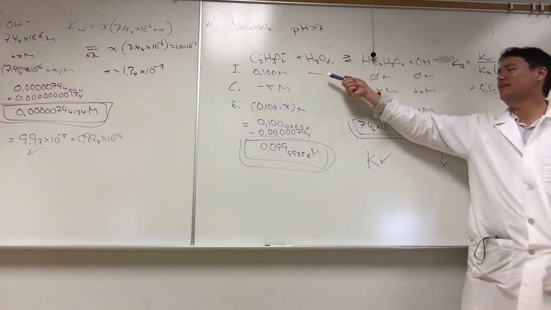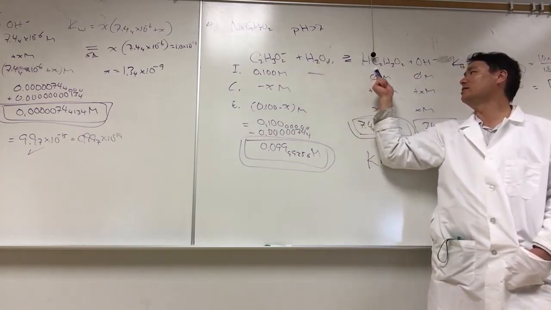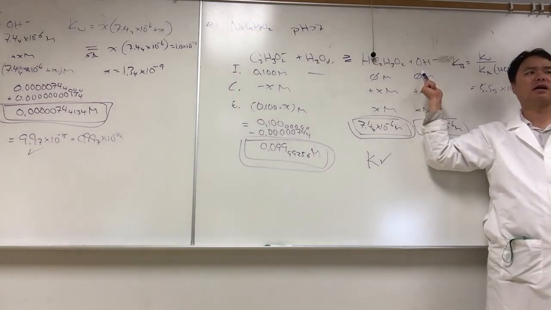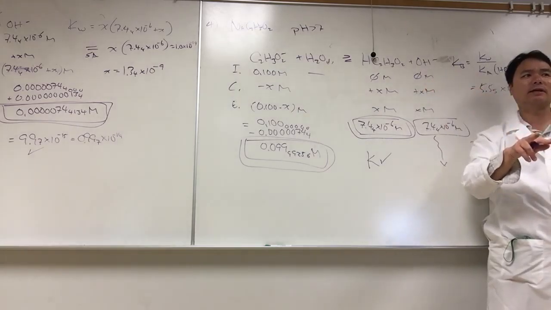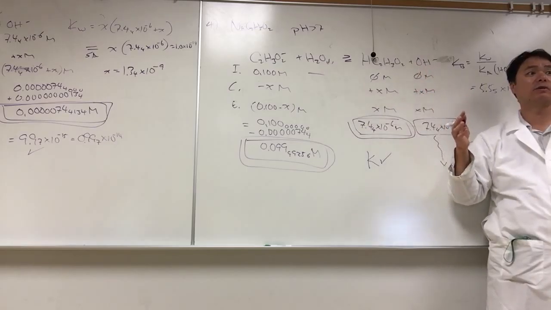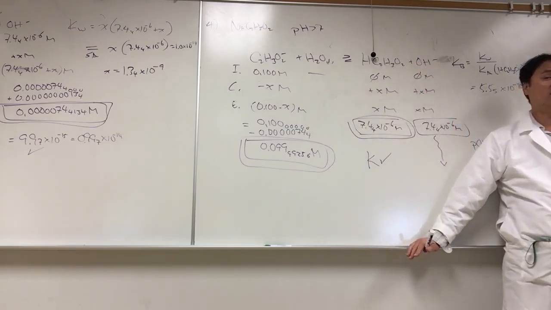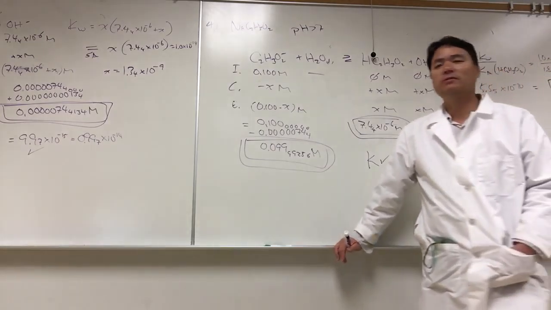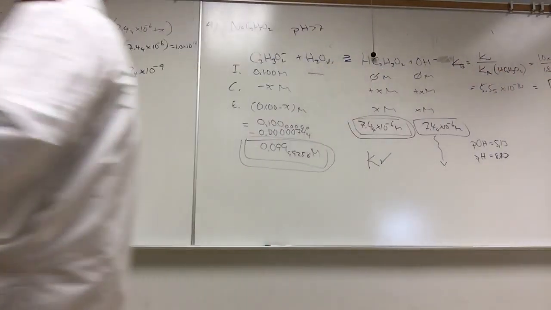Kb for acetate is the equilibrium between acetate and acetic acid in terms of hydroxide. And so in this case, that's how they're related. They're related because they both describe the exact same equilibrium. Whereas we could have an acid that's totally different and would be describing some other equilibrium, which we'll see shortly.